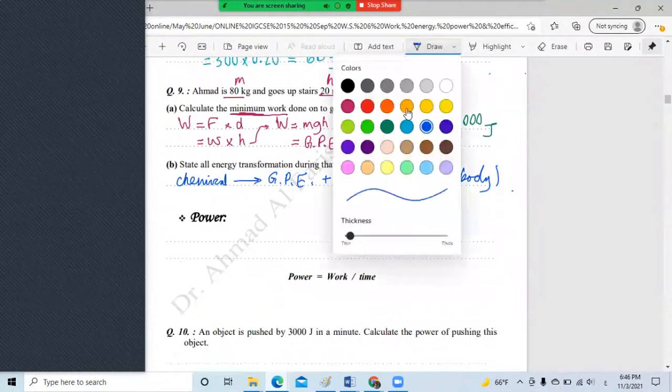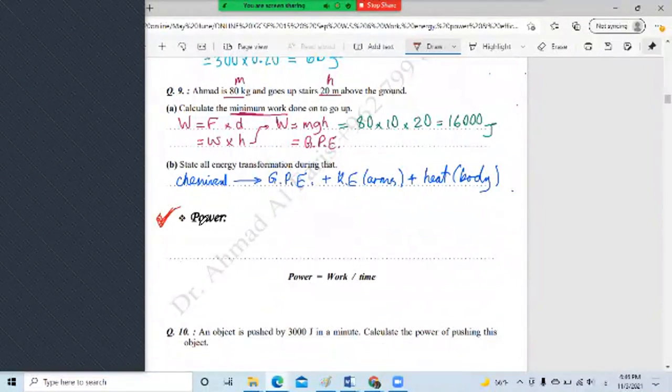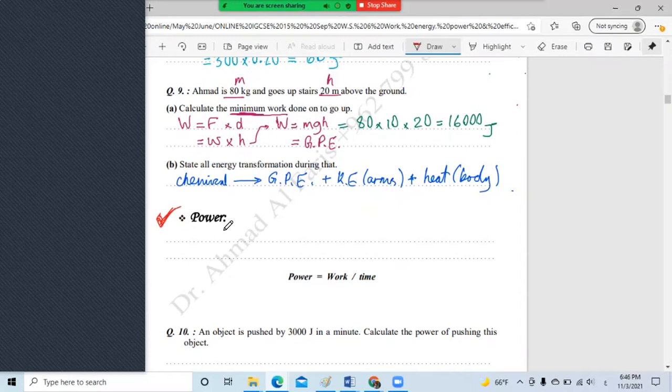Now, a very important definition that maybe they ask about from time to time is the definition of power. You know that it's in our syllabus to define power. What's the definition of power? Question 9, can we use rho gh? No, rho means density, and density times gravity times height is the pressure.